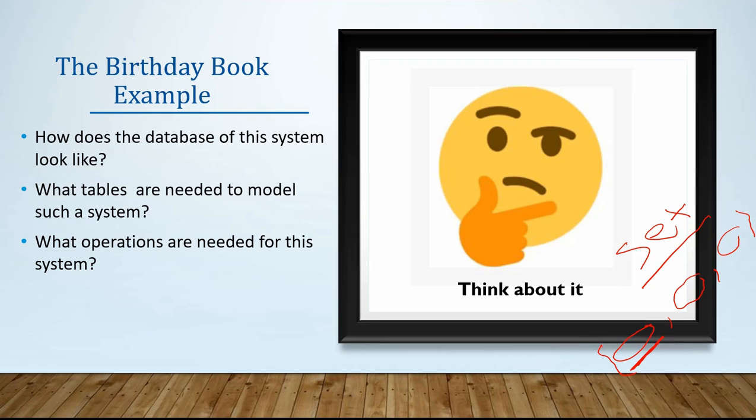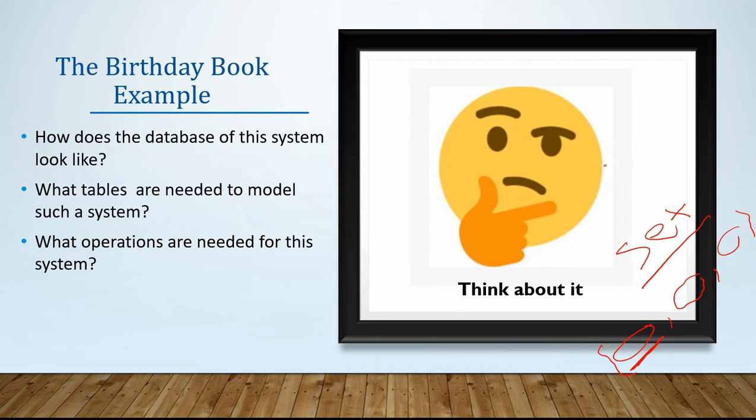So to represent this problem, which is a birthday book, we can use one table. But here in Z notation, we also have to find something we can call the primary key. If you know that in each table we have to create a primary key, right? So here is the same thing. So we start to create the set, and we will have, as your friend said, one table.